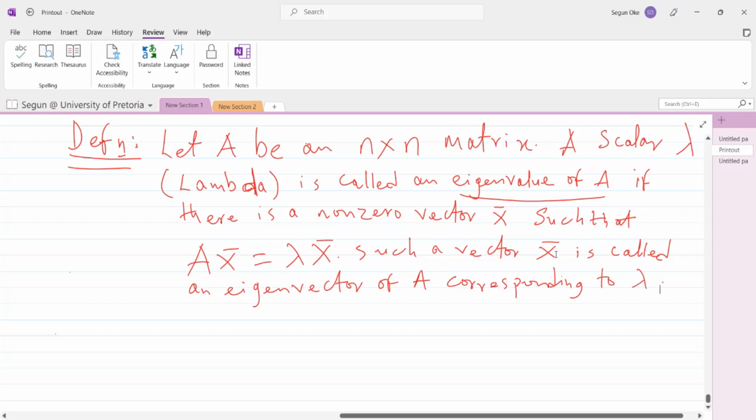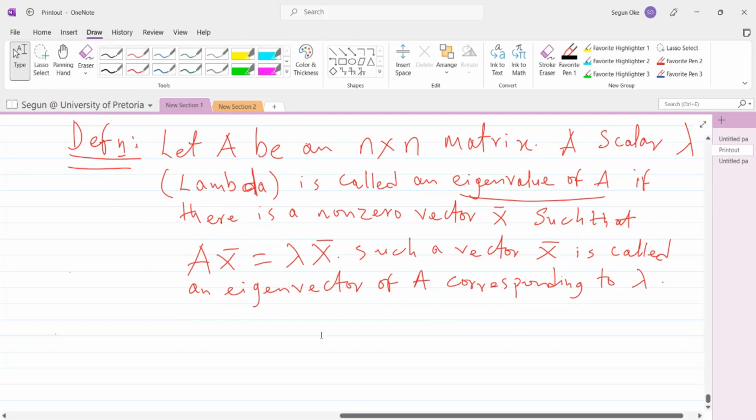Remember, A multiplied by x bar equals lambda times x bar, and the vector we are talking about is what we are dealing with. So please, let's take note of that.